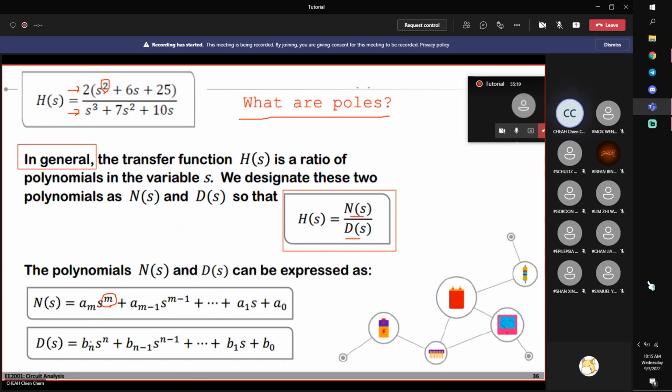The denominator is also a polynomial. To differentiate them, we put a different order, n. So for example, n equals 3. This means your transfer function is just a ratio of a numerator divided by a denominator in the Laplace domain, right? s is the Laplace variable.